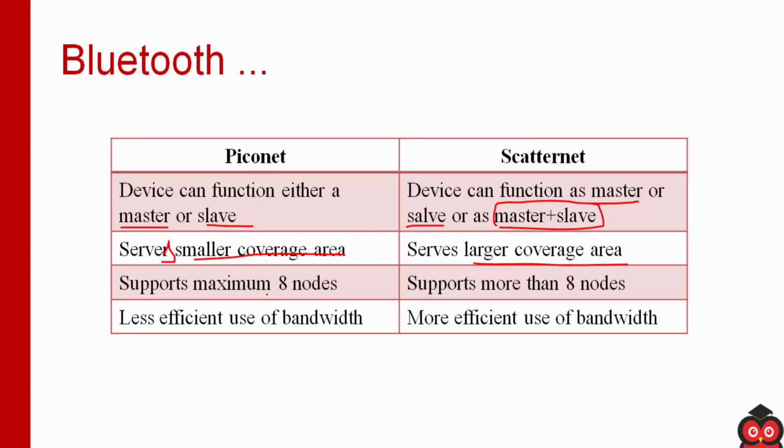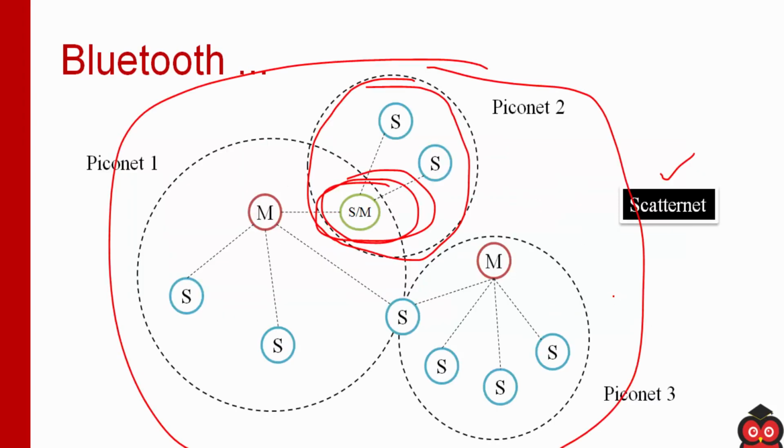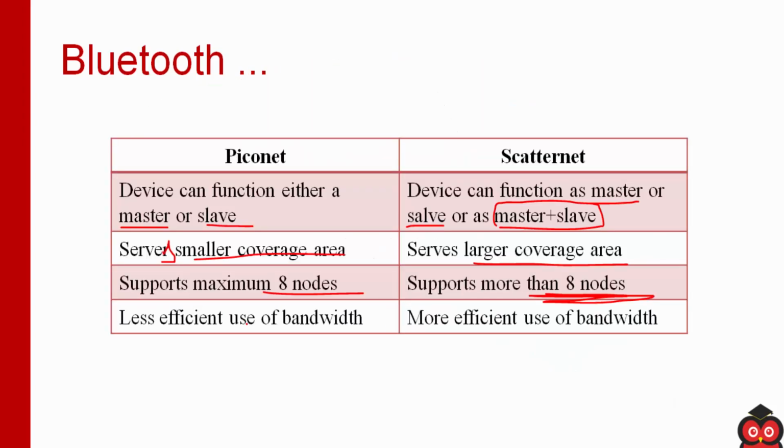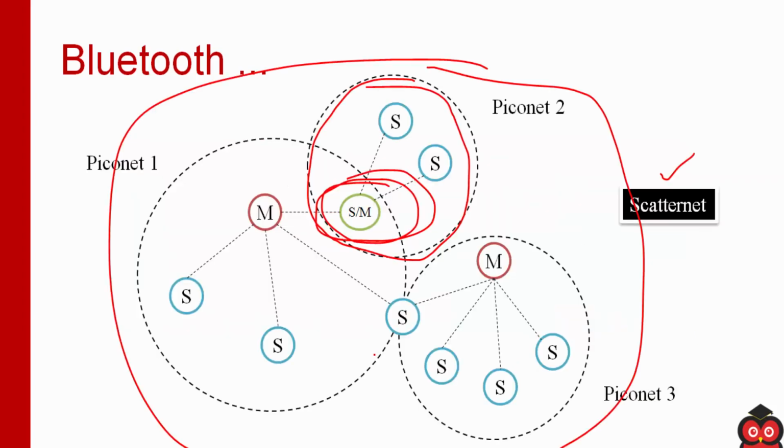Okay, and the limitation of Piconet is that it supports a maximum of 8 nodes only, including 1 master node and 7 slave nodes. But Scatternet supports more than 8 nodes, like we have seen here. And the last difference: in Piconet there is less efficient use of bandwidth, I already told you this. In Scatternet there is more efficient use of bandwidth.